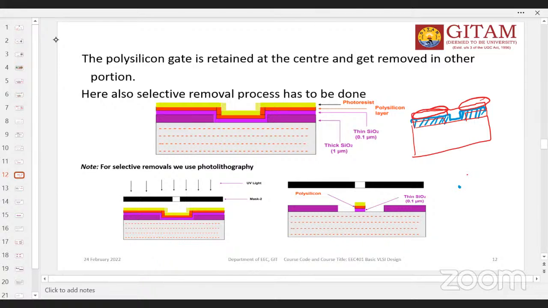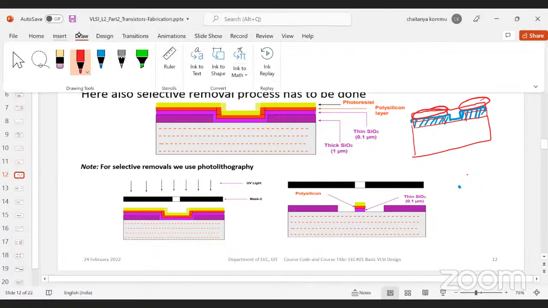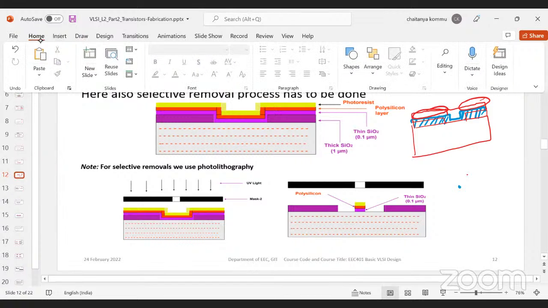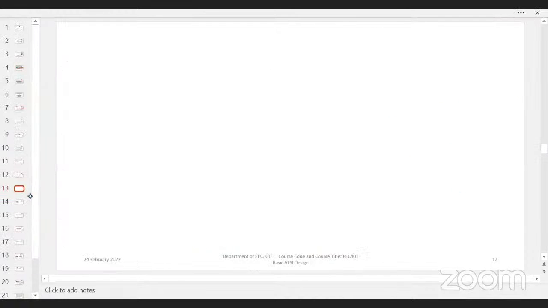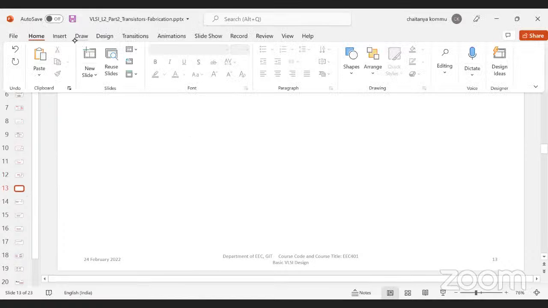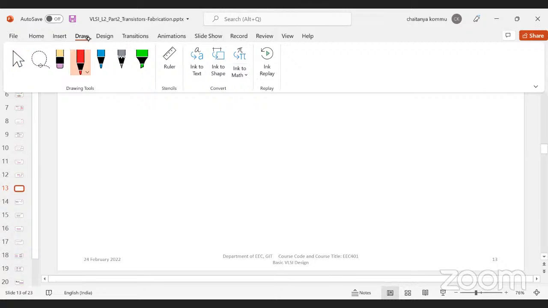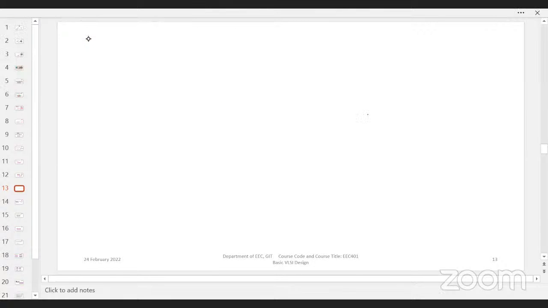Once it is removed, something like this is happening. I think it's better I have one slide here. I want to show that. We'll complete it within 2 minutes.